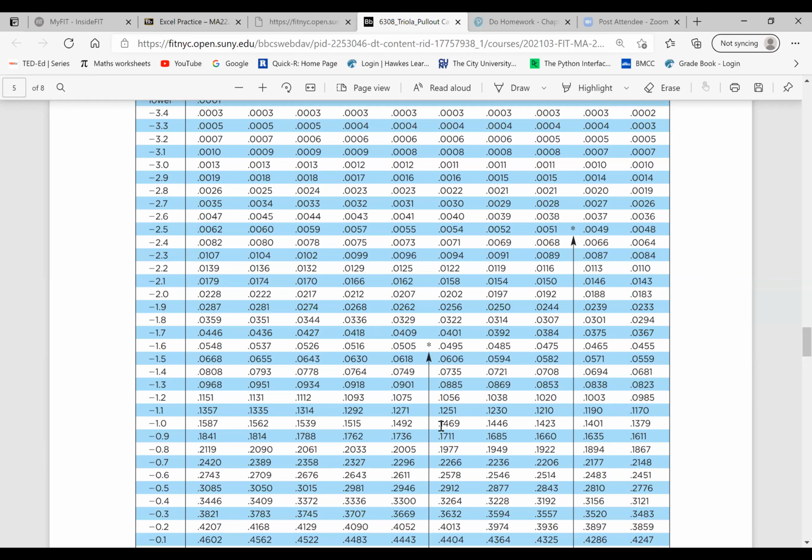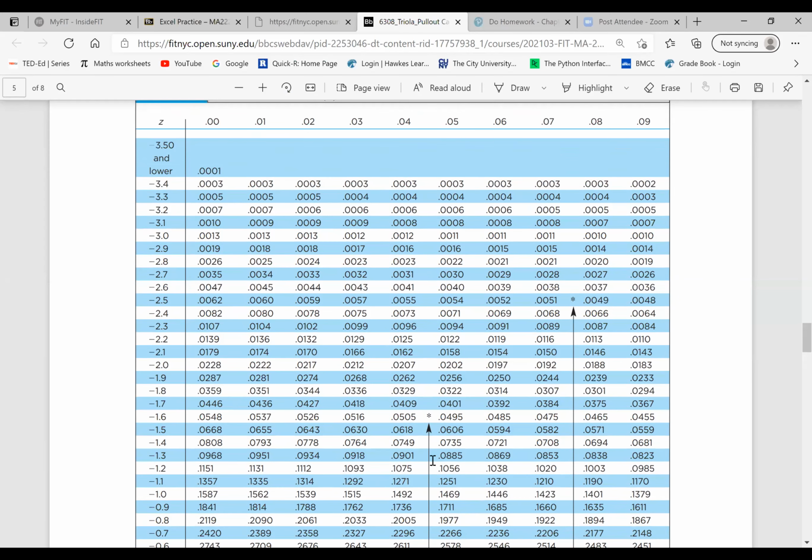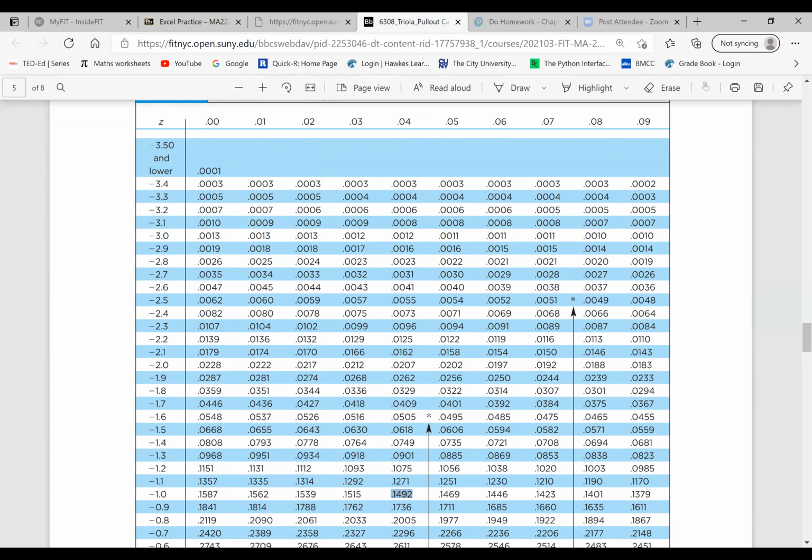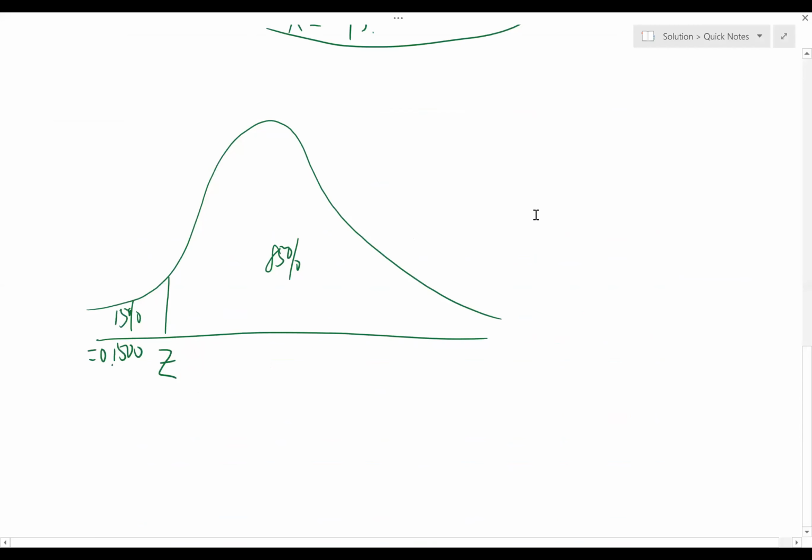The closest match will be this one, 0.1492. That's the closest one we can find, and we're going to use that. So the corresponding Z-score here will be negative 1.04.